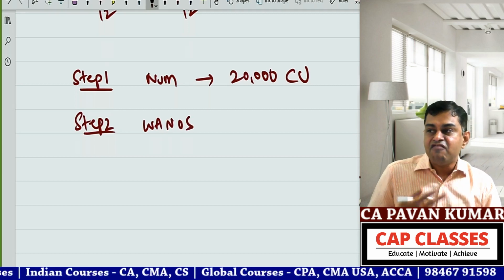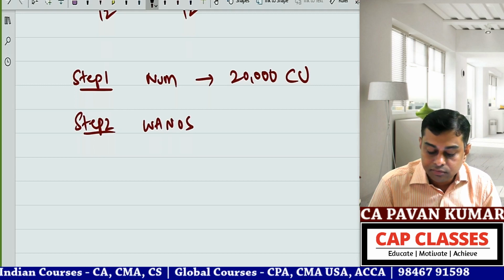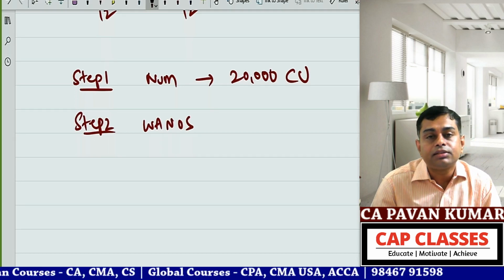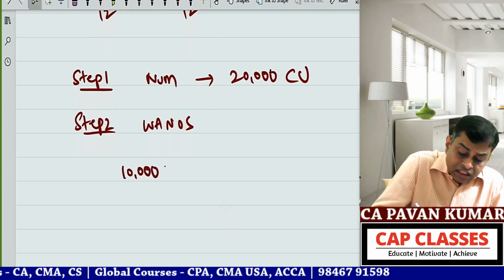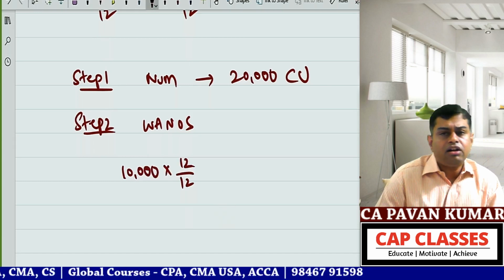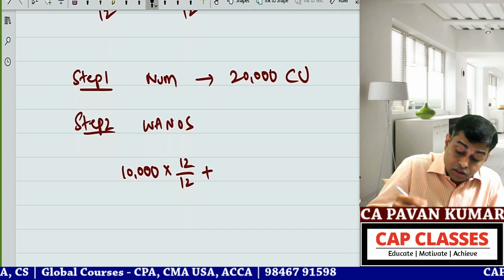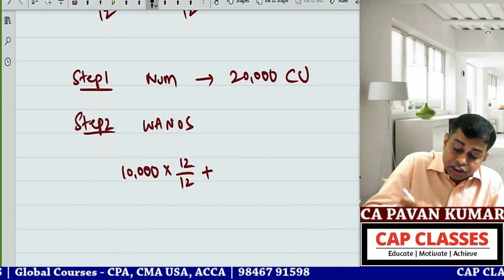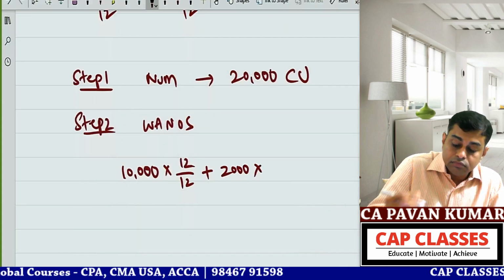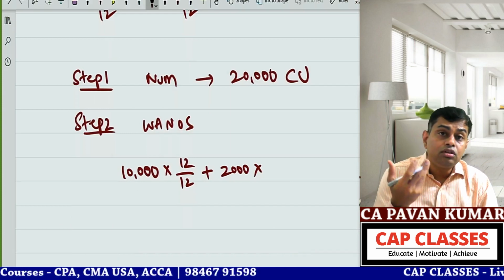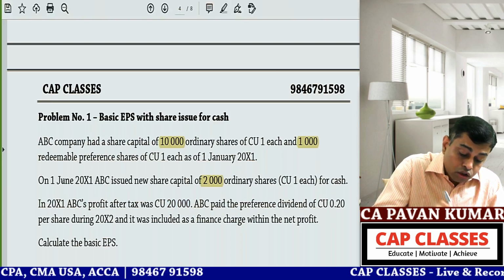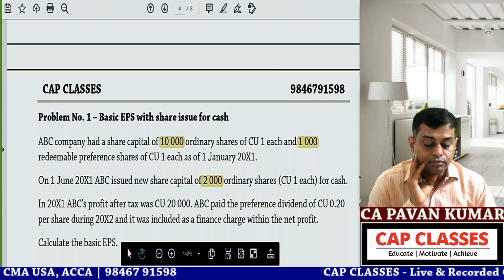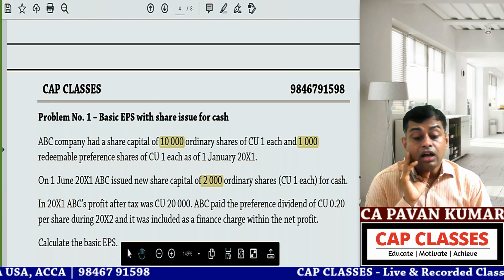Weighted average number of ordinary shares. How to calculate? 10,000 opening shares are there. They are there throughout the year, 12 by 12. Plus newly they have issued 2,000 shares, when they issued it on 1st June. 1st June means how many months?